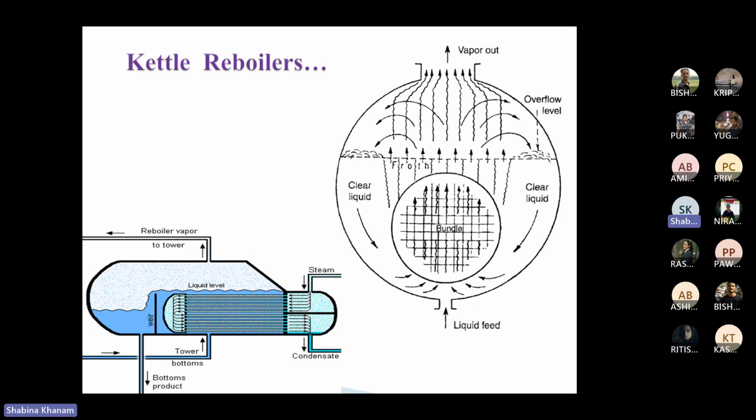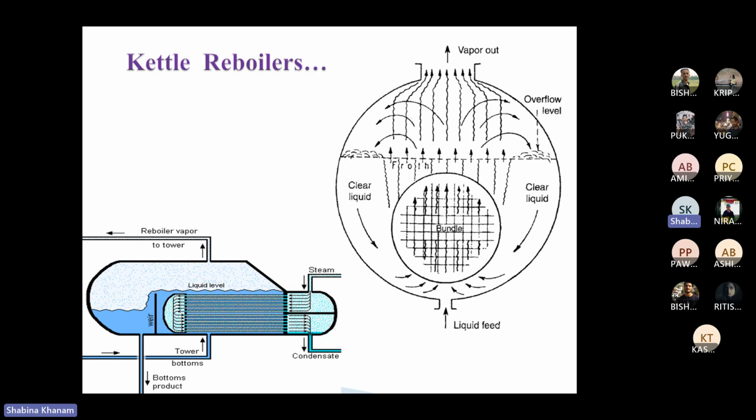You must have heard about different types of boiling. So here we need to consider pool boiling, and then accordingly we can have the heat transfer coefficient expressions. When we consider this kettle reboiler, the steps are similar to the shell and tube heat exchanger, but we need to consider some of the factors in a different way.